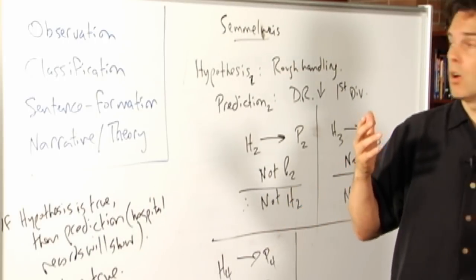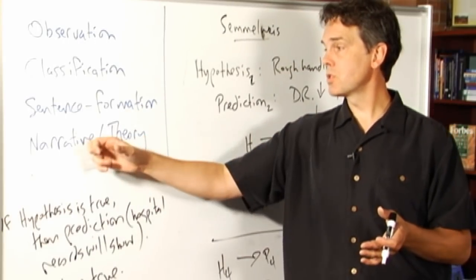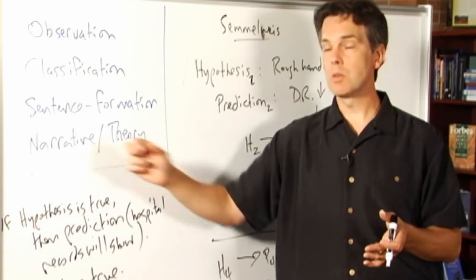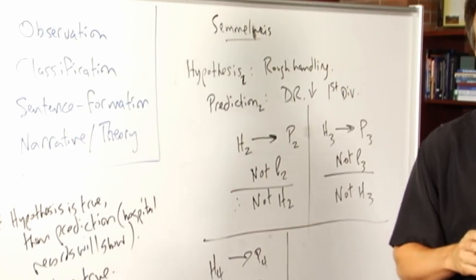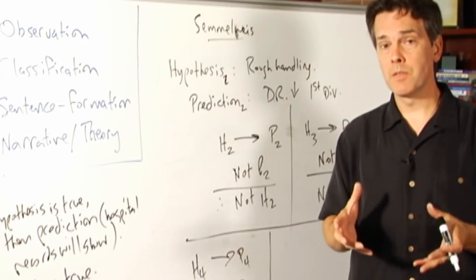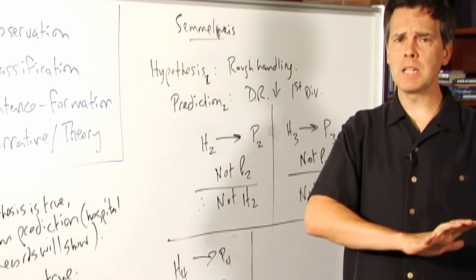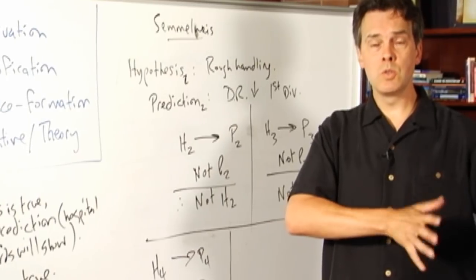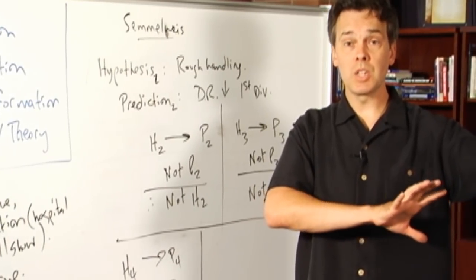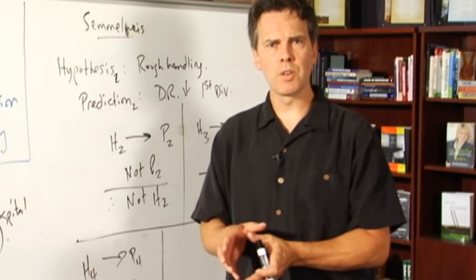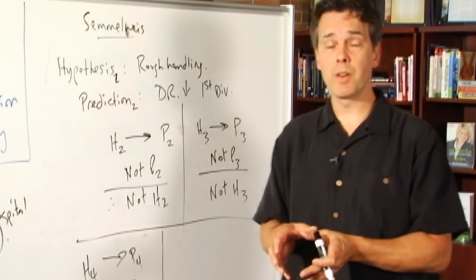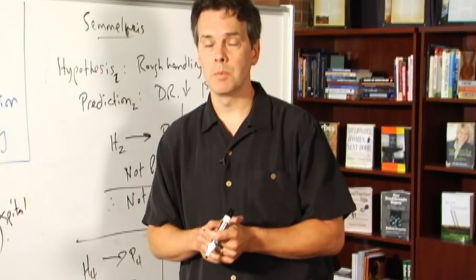Well, what Semmelweis then also knows, and this allows him to start to put together a number of sentences that will then go into this new narrative theory that he's going to structure here, is that it was fairly common practice for many of the professors who were working in the anatomy lab with the students to do various anatomical investigations, then at the end of those wash their hands in a more or less perfunctory fashion. Again, this is before germ theory, this is before antiseptic is developed.